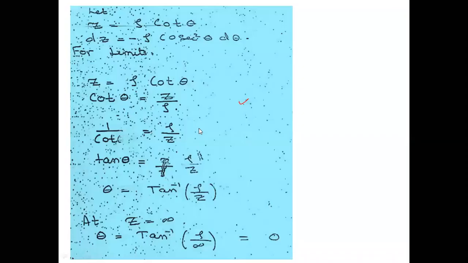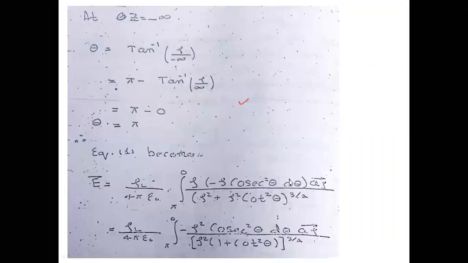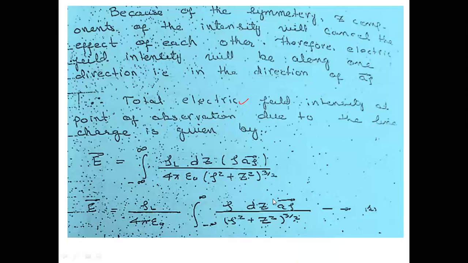Now for the infinite charges, we have to switch the z and rho into theta. This is the integration with respect to dz, which is minus infinity to infinity.